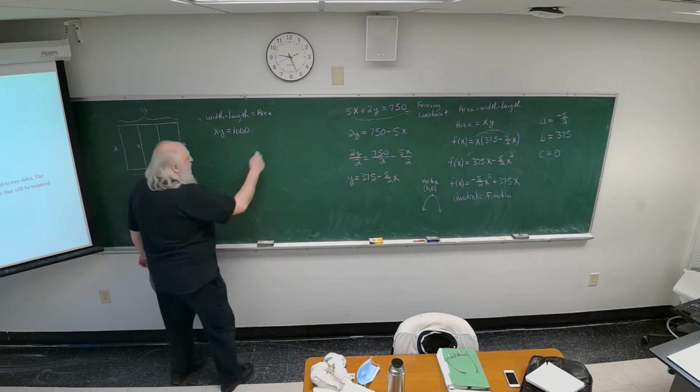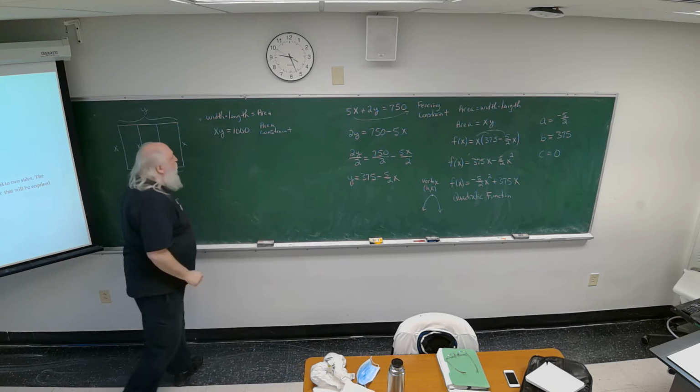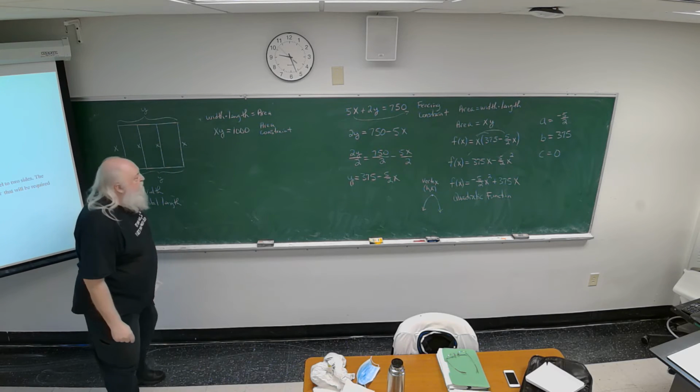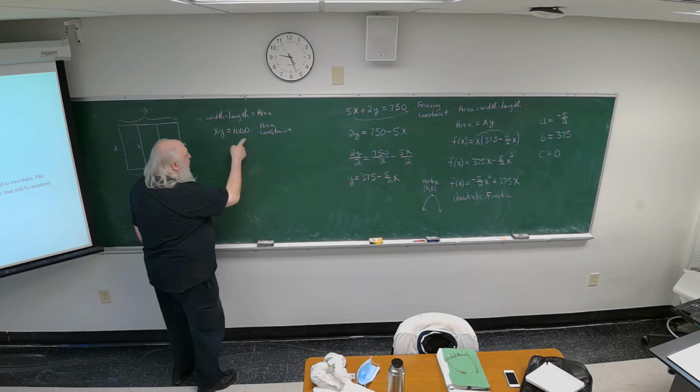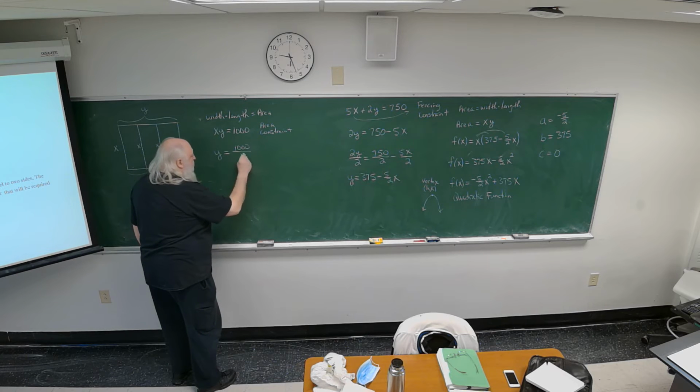So this is our area constraint. Length times width is equal to 1,000. And now when you solve for y, you divide both sides by x. You get y is equal to 1,000 divided by x.